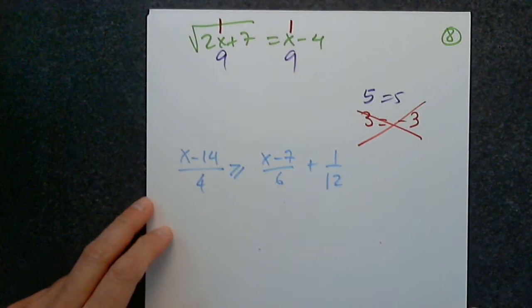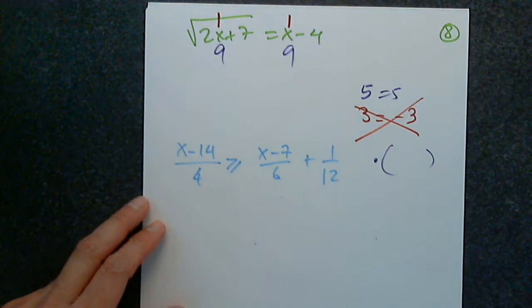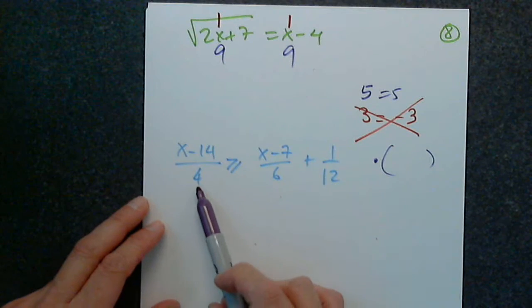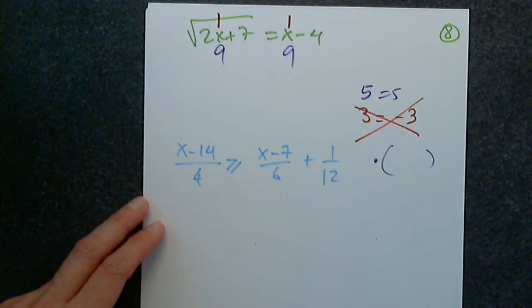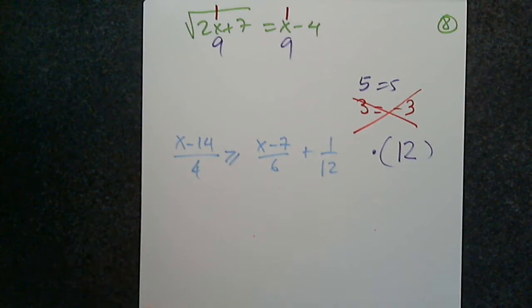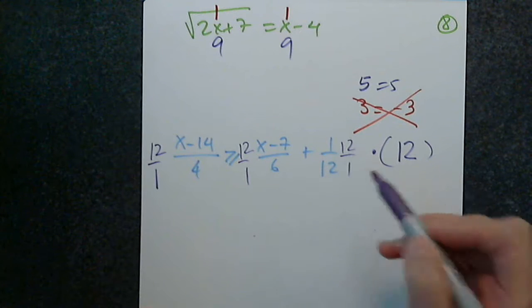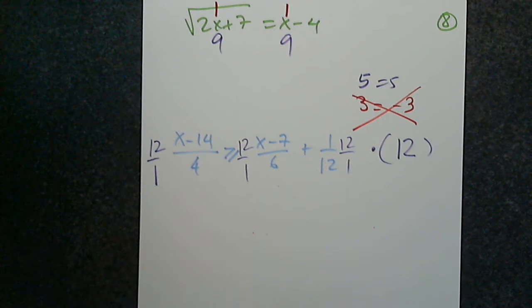And we want to eliminate fractions by multiplying both sides by the least common denominator of 4, 6, and 12. 12, indeed. Since we are multiplying fractions, please write 12 over 1, 12 over 1, and 12 over 1, and simplify before you multiply.